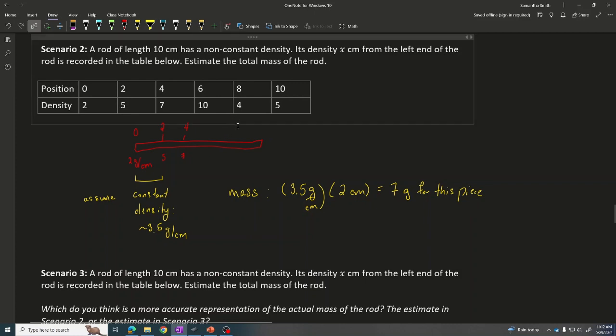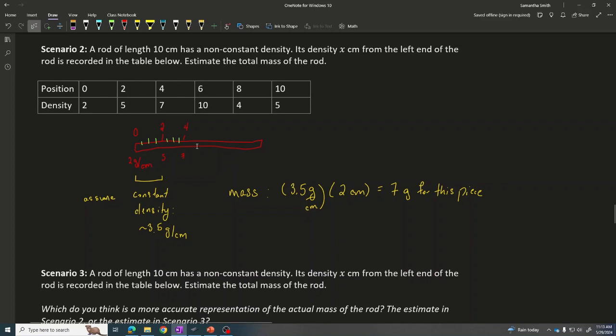But if I took this same rod and I recorded the density at additional positions, if I recorded the density here, if I recorded the density here, maybe I recorded the density at even more positions, the more measurements I take and the shorter these little rod pieces become, the more accurate my estimate of the total mass would become.